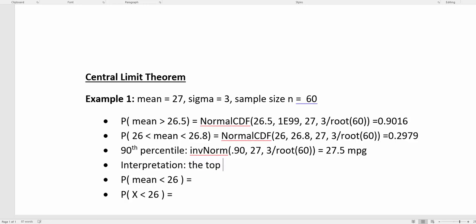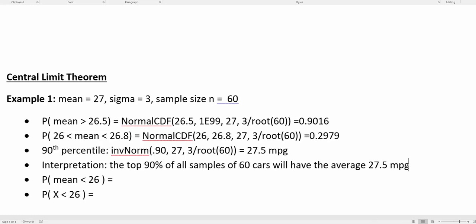The top 90% of all samples of 60 cars of this type will have the average mileage, or gas economy, of 27.5 miles per gallon.